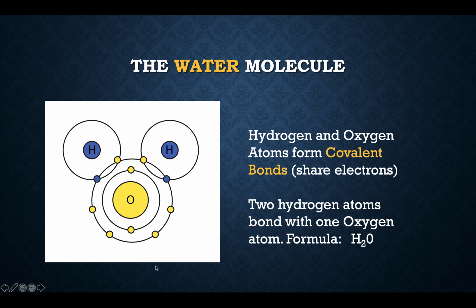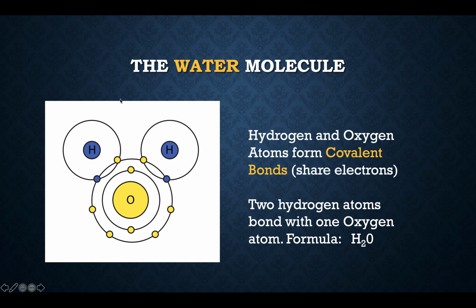This is a picture of the H2O water molecule. So 2 H, 1 O, H2O. The hydrogen atoms form a covalent bond with the oxygen atom. So these bonds here between the hydrogen and oxygen are covalent.